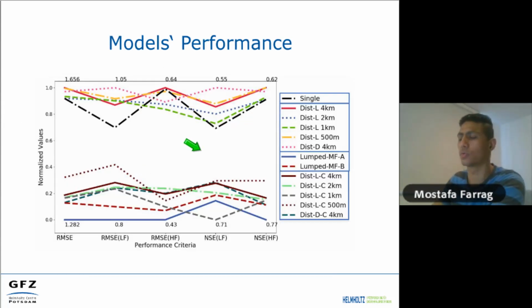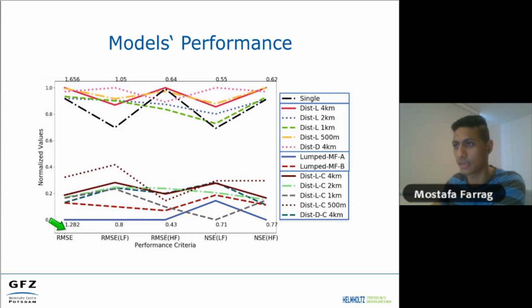And also, in order to assess how good all of these models are, we use different metrics: root mean square error, with special weights to focus on low flow and high flow, and the Nash-Sutcliffe. So as you see here, for root mean square, the lower, the better.